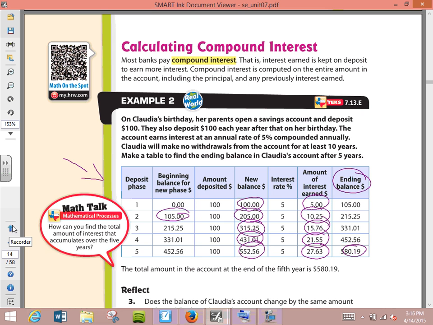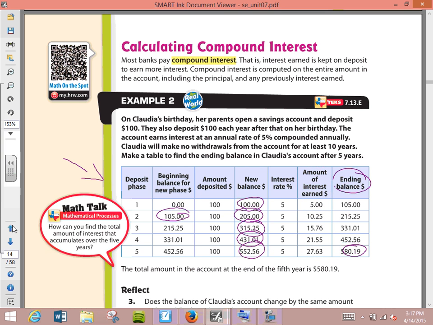I want you to focus mainly on these parts, this right here, the ending balance and the amount of interest. So for the first year, you've only earned $5, right? By the second year, you have not earned $10.25. I'm going to ask you one more time because I think my question wasn't very good.